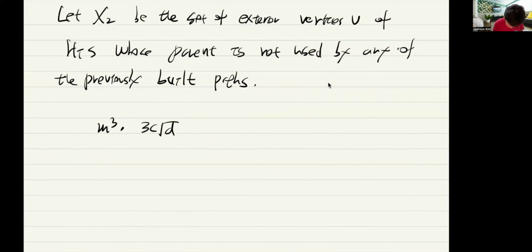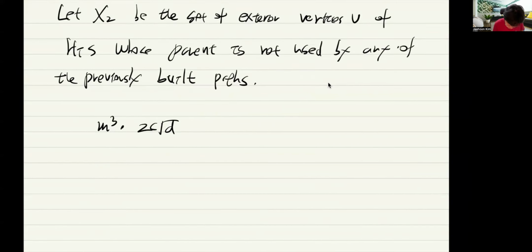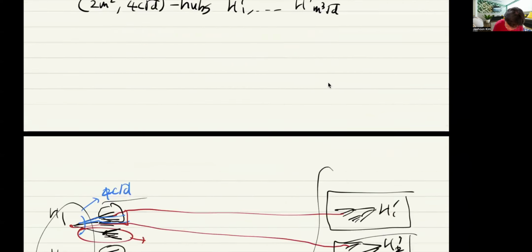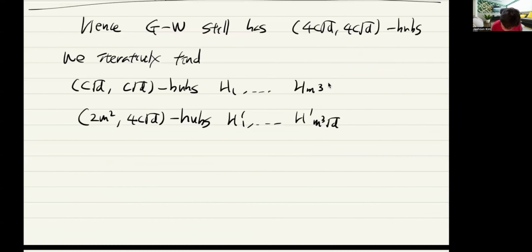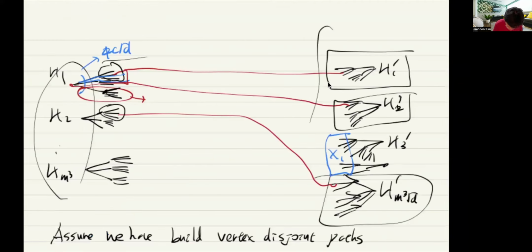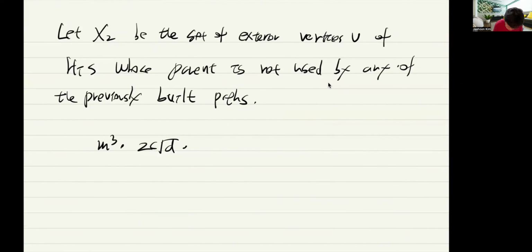Yeah. So out of 4, 2 of them are still there. And then for each of them, it's expanding by like 4c square root of d. So that's the size of x2. It's at least this, which is like c squared d m cube.